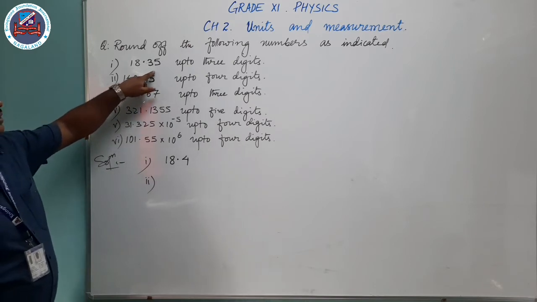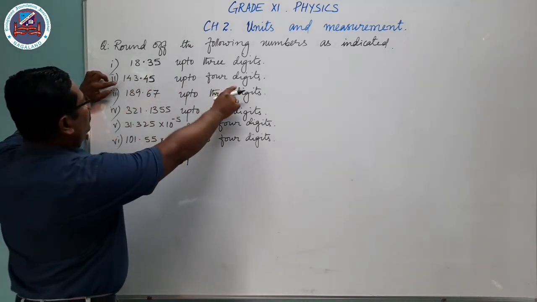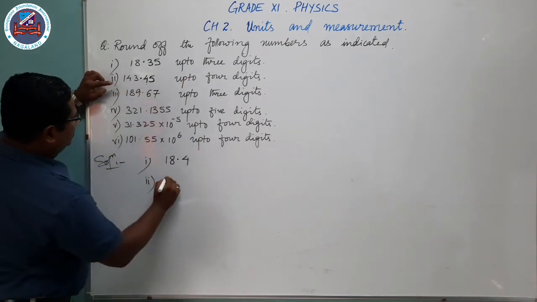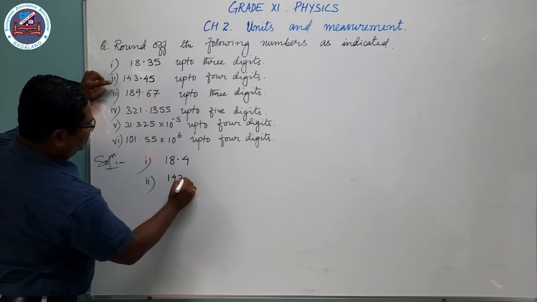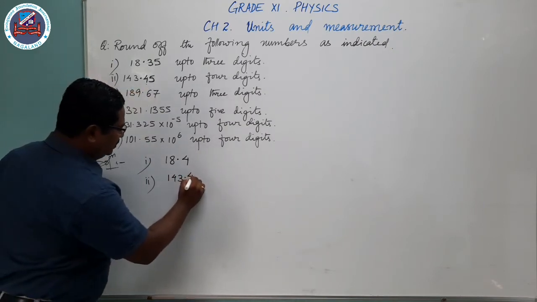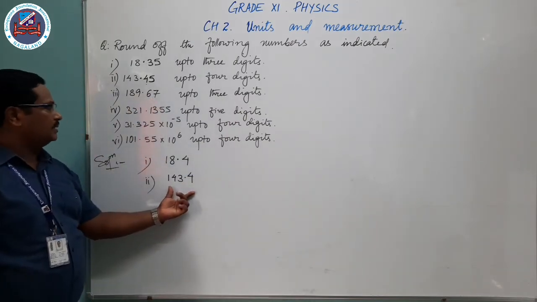If it is even, then we cannot add anything. Up to 4 digits, the first, second, third, 1, 4, 3, will be as it is, and as we cannot add anything, we simply write 4. So we have rounded up to 4 digits.